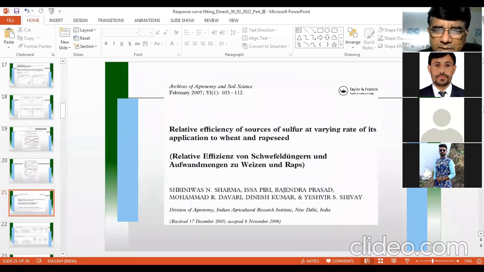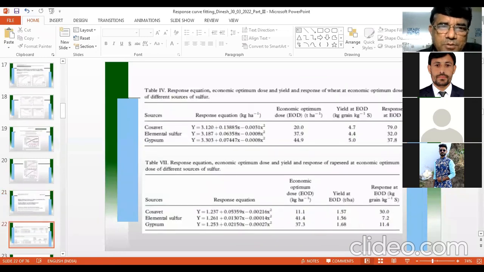And this is the relative efficiency of sources. In this case, you can find the optimum dose of the fertilizer. Here you see the first table: response equation, economic optimum dose, yield, and response of wheat at economic optimum dose. There are three different sulfur sources, and these are the quadratic equations for the three different sources.